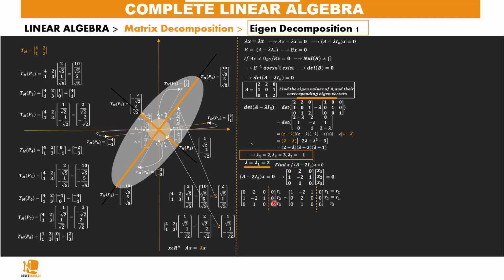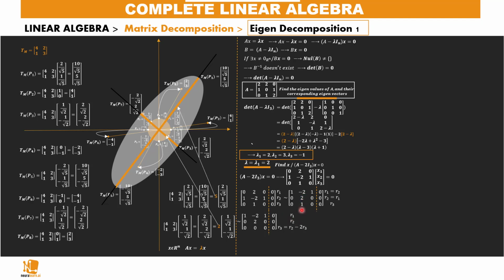The first thing we can do is simply swap row 1 and row 2. So we have 1, negative 2, 1, 0, 2, 0. And once this is done, we can try to send this 1 to a 0. So we have R3 equals R3 minus 2R1, and that's because if we have 2 minus 2 times 1, we have 0.